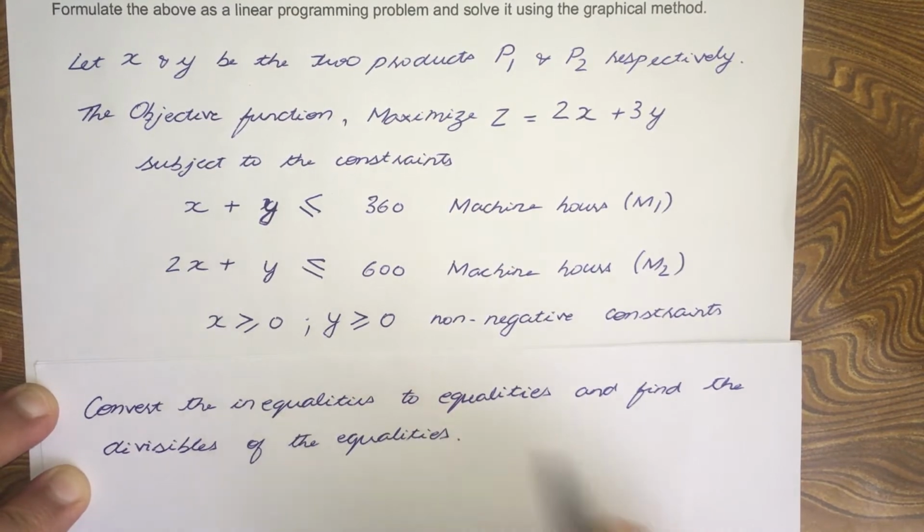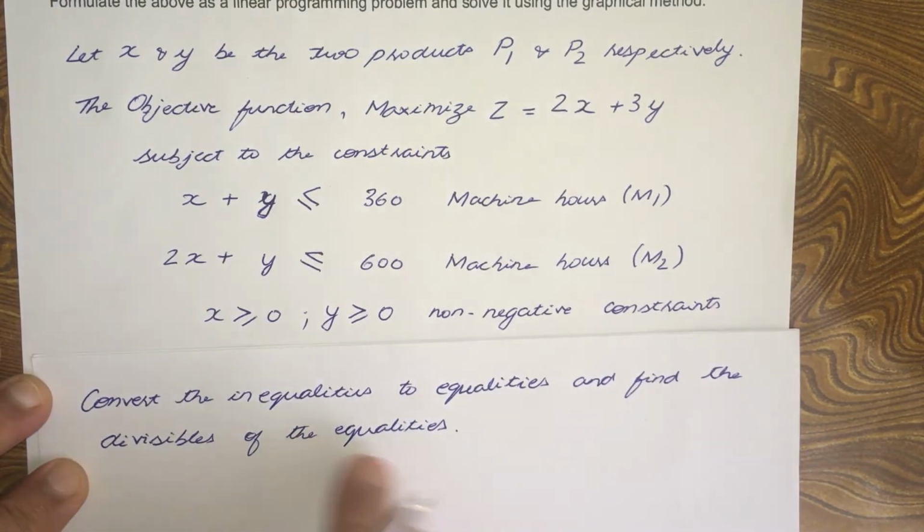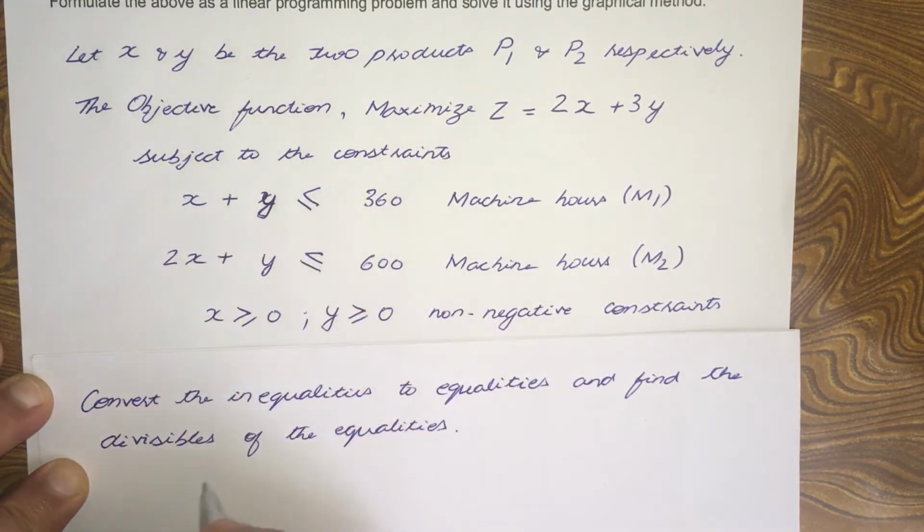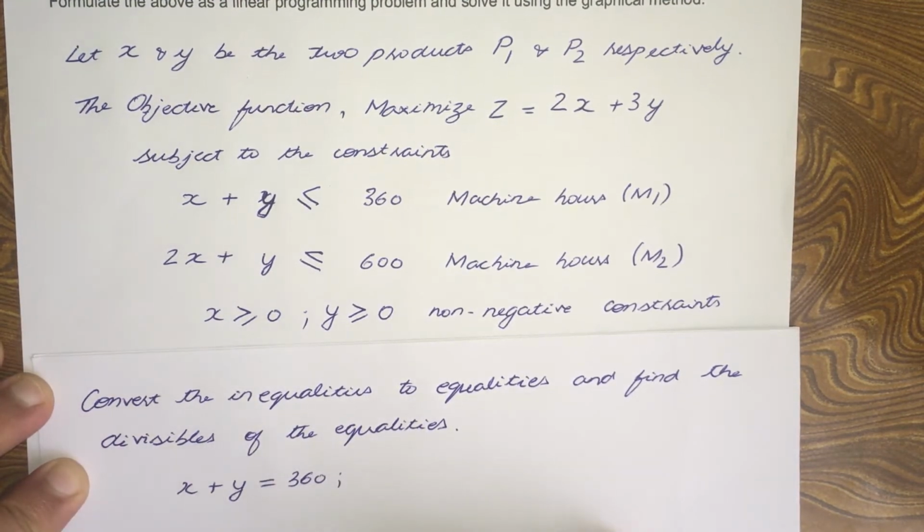Now how do you do this? Very simple. You take these two constraints, x plus y less than or equal to 360, convert this to an equality, x plus y is equal to 360. Find the coordinates, because we'll have to plot them on a graph.